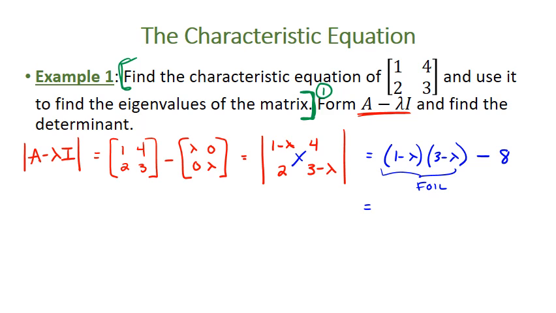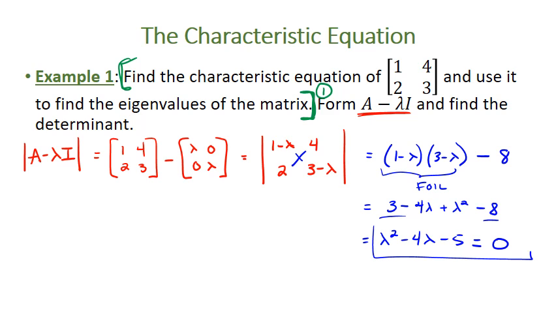And when I FOIL this out, I get 3 minus 4 lambda plus lambda squared minus 8. Combine like terms, put it in standard form, and I end up with lambda squared minus 4 lambda minus 5 is equal to 0. This here is my characteristic equation.